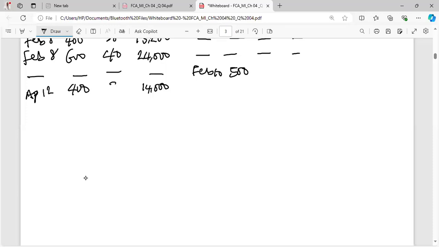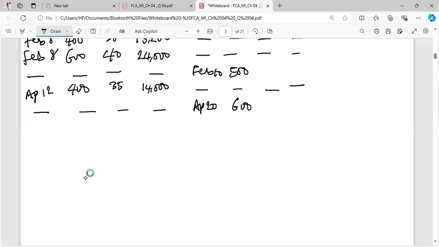Of course, there will be dash, dash, dash, and dash. After the 400, we had April 20. Of course, there will be dash here, dash, dash, and dash. That's 600.